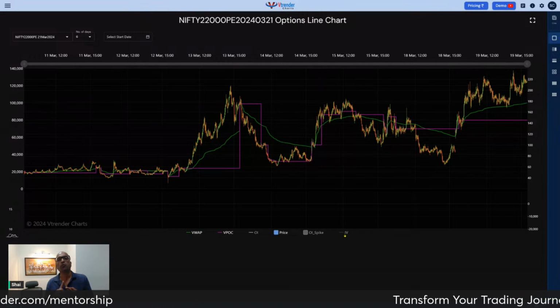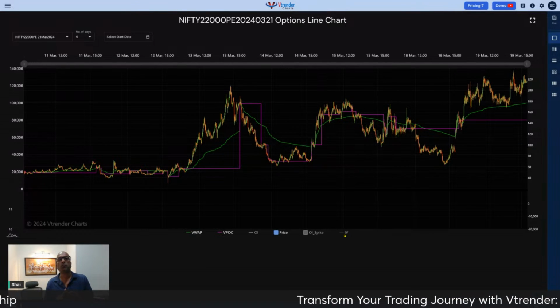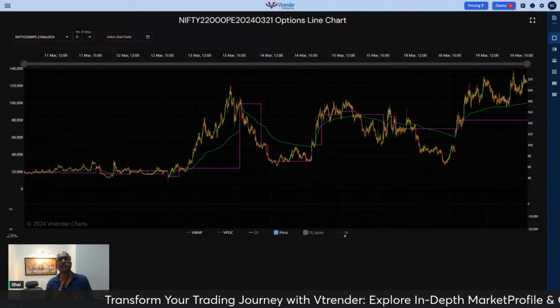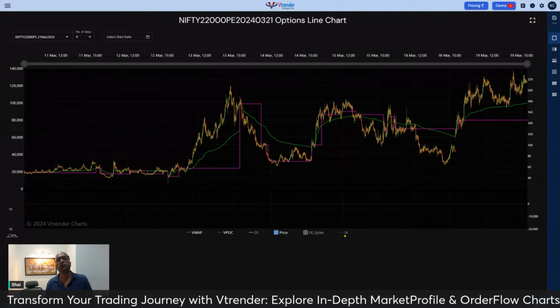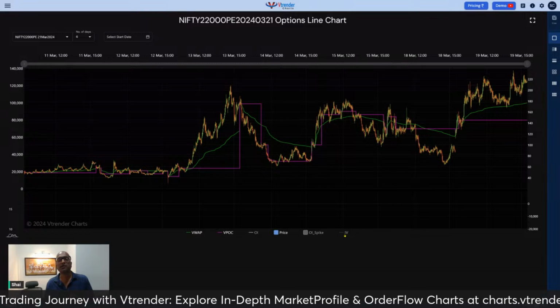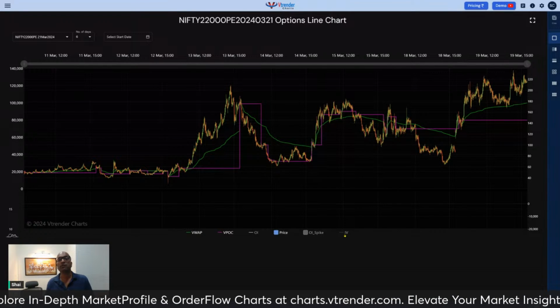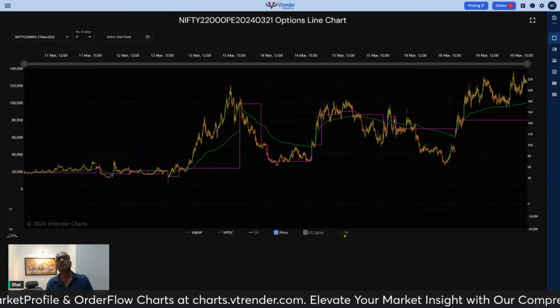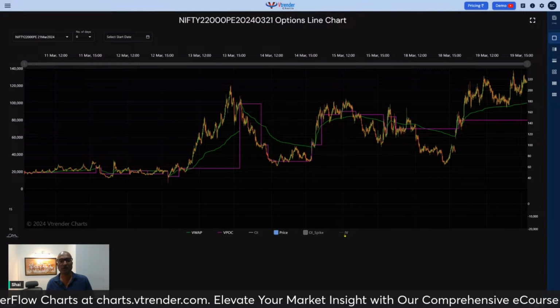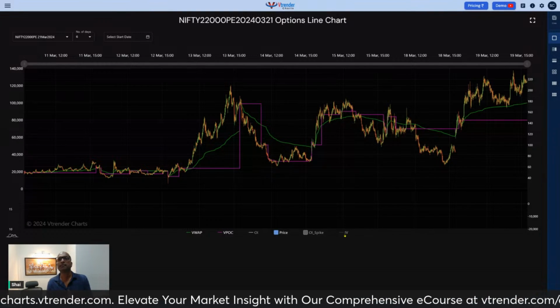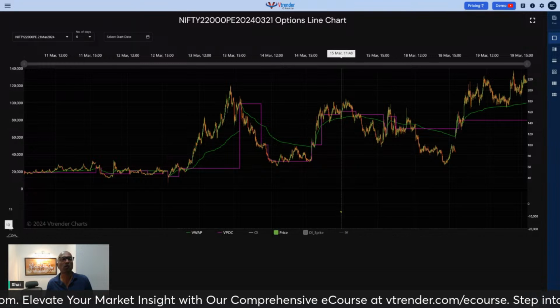I've spoken to you about what VWAP is and what VPOC is, and they have a similar set of rules. The buyer is in control above VWAP, and the buyer is in control above VPOC, and the seller is in control below VWAP, and below VPOC. Now let's combine it, and let's see how best we can use it.